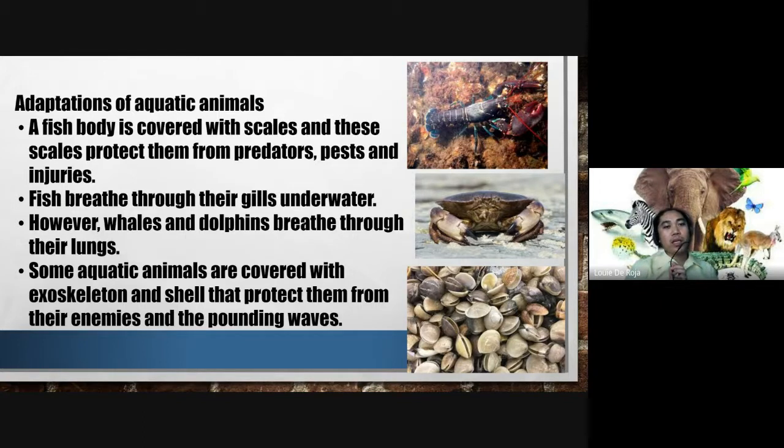Some aquatic animals are covered with exoskeleton and shell that protect them from their enemies and the pounding waves. So, dahil wala silang buto or bones, may exoskeleton sila. Yun yung nagpo-protect sa kanila. Kasi meron silang soft body.